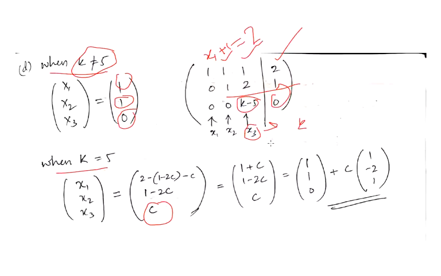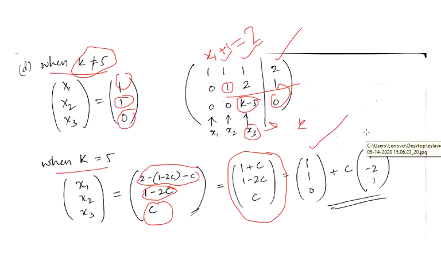So x3 we consider as C. On similar lines, x2 will be equal to 1 minus 2 into x3, which is 1 minus 2C. Similarly for x1. So we result in the form 1 plus C, 1 minus 2C, C. This can be written as a linear combination of 1, 1, 0, plus C into 1, minus 2, 1, with C being the scalar multiplier.